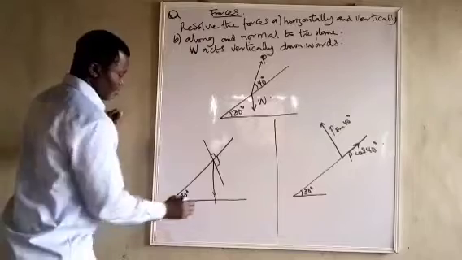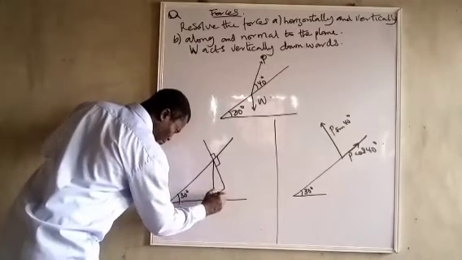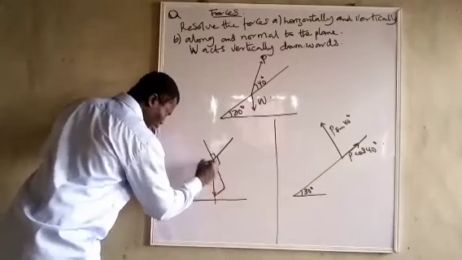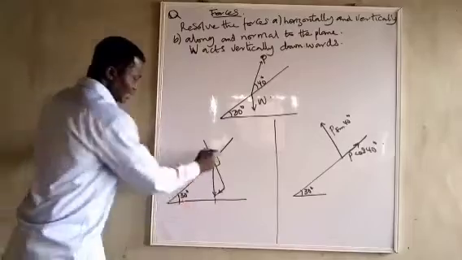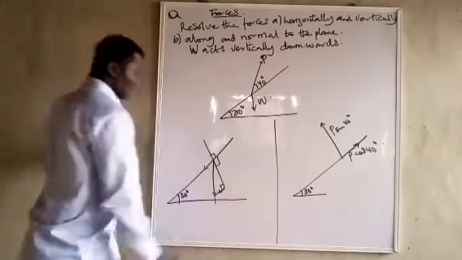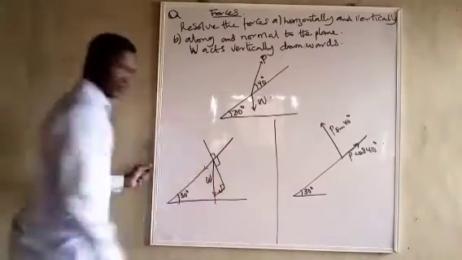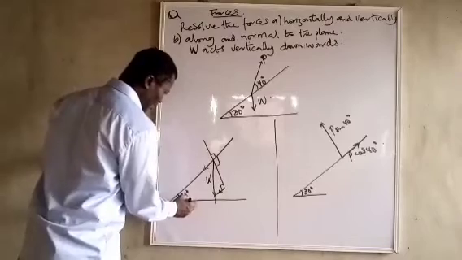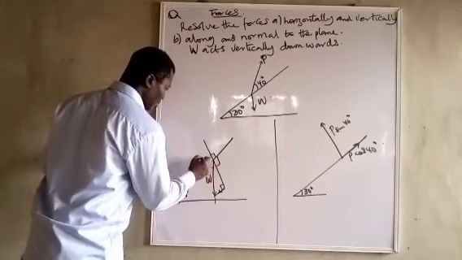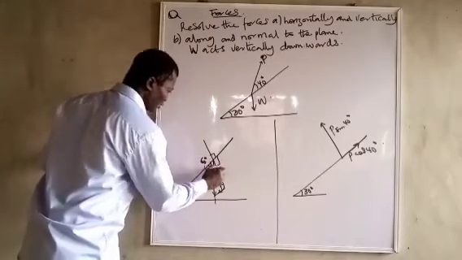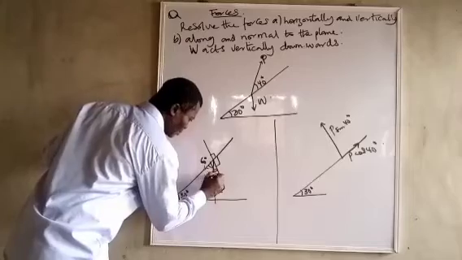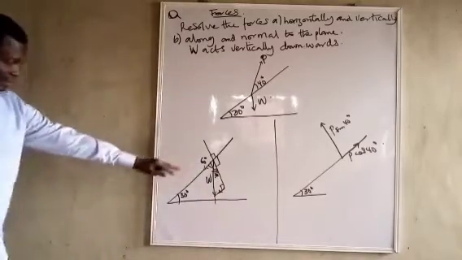Don't forget. Now, this one is parallel to this place. And this one is perpendicular to this one. So this is W. It comes downward. This place is 30 degrees. And this place will be 60 degrees. But from this place to this place is 90 degrees. So automatically this place is 30 degrees. You can see that place is 30 degrees.